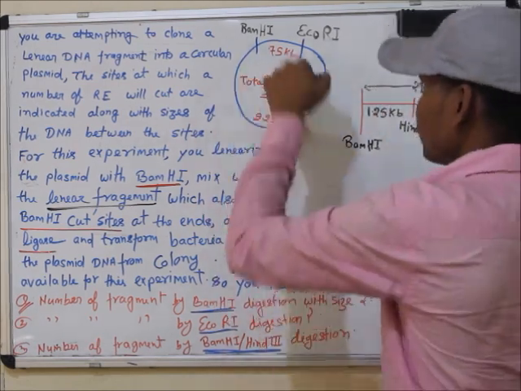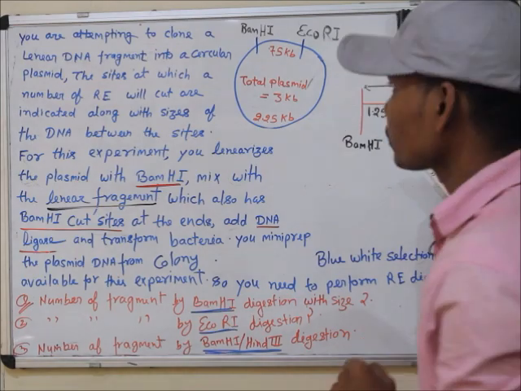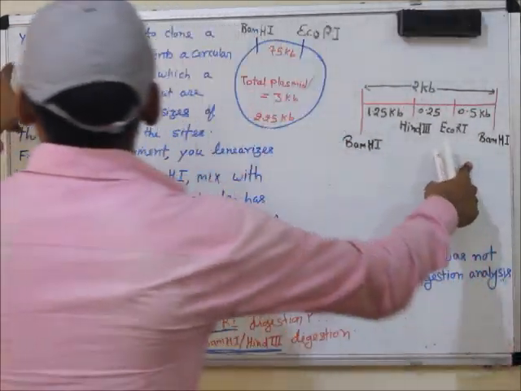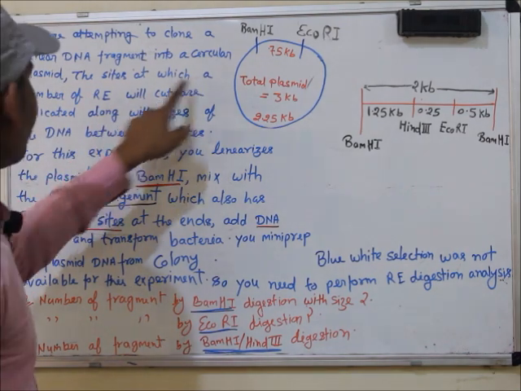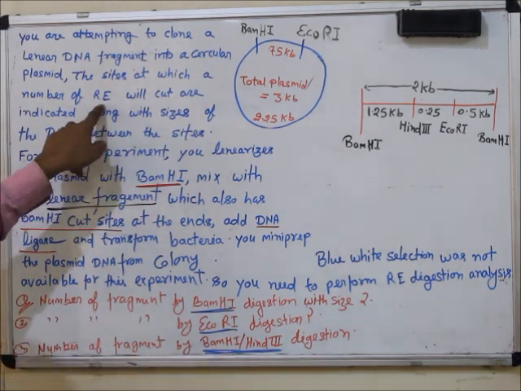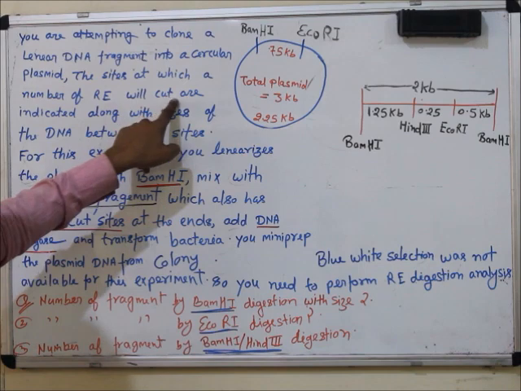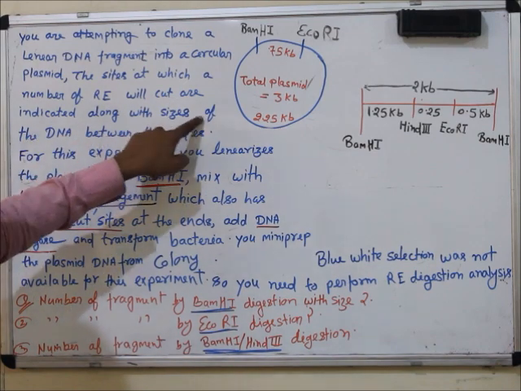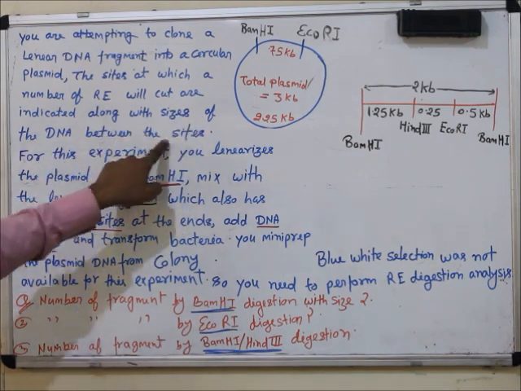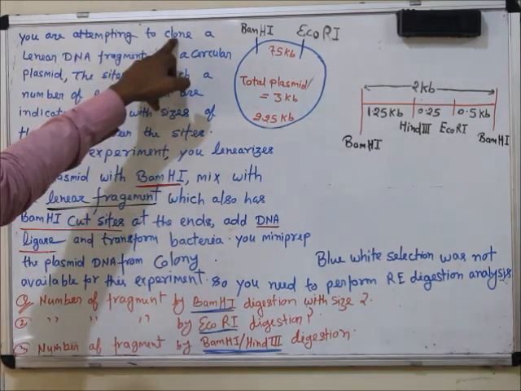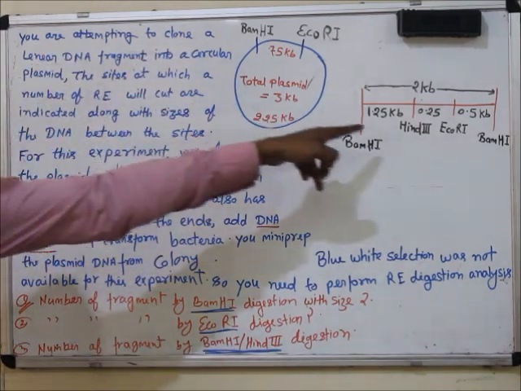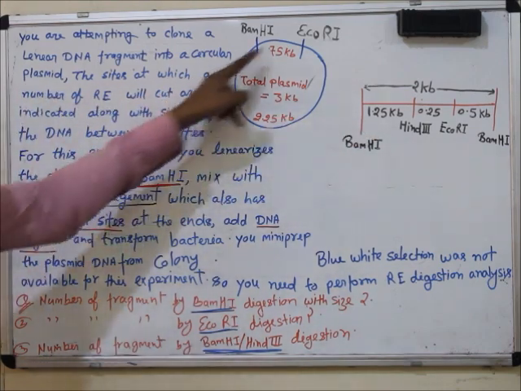Plasmids are circular. So you clone the DNA fragment into a circular plasmid. The sites at which a number of restriction endonucleases will cut are indicated along with the size of the DNA between the sites.